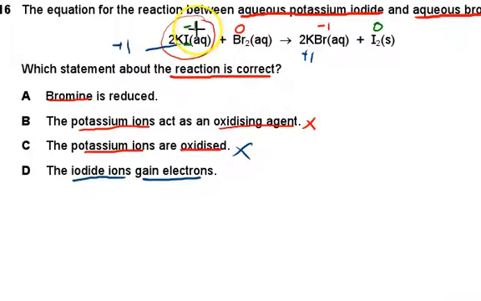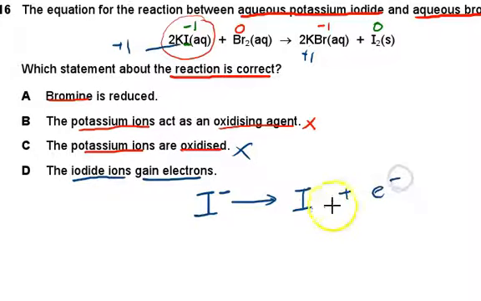So here in this case, because iodine is a negative ion, they need to donate. It should be not gain, it should be donate, losers. So your best answer here will be A for number 16.